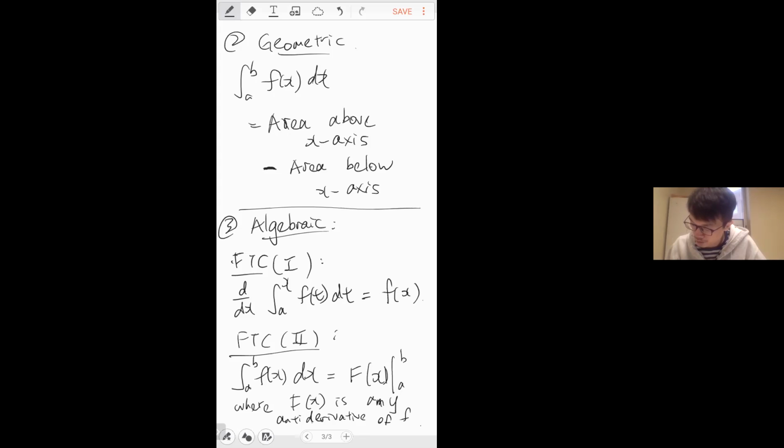So the next thing I want to tell you is the indefinite integral. So here's the definition. Given a function f of x, we define the indefinite integral to be the following.